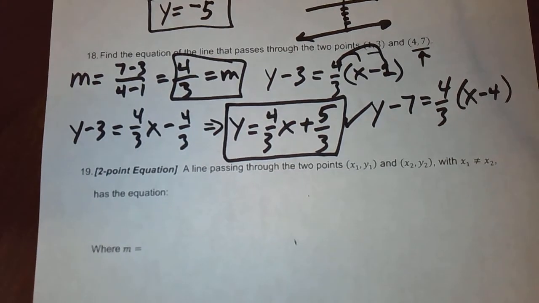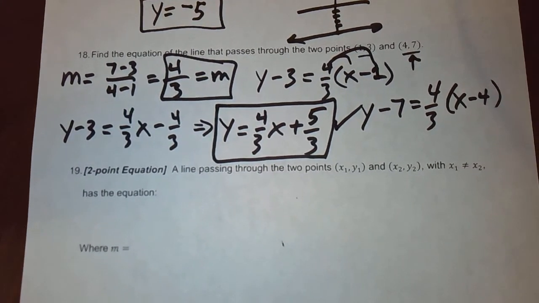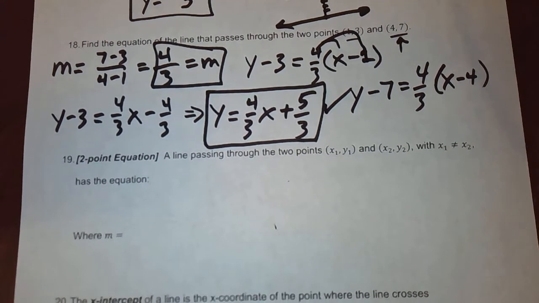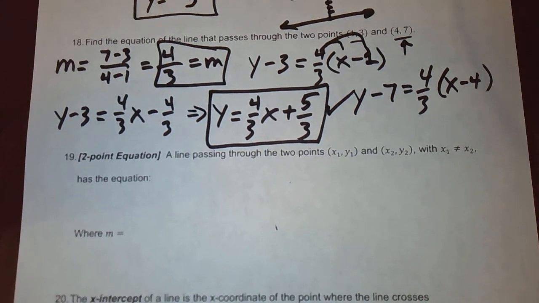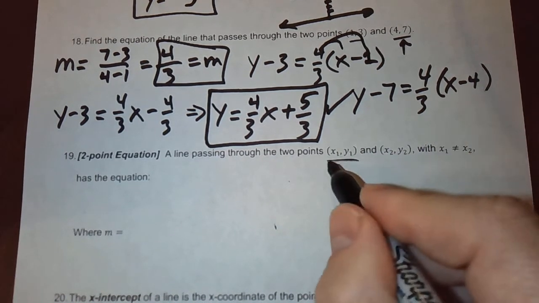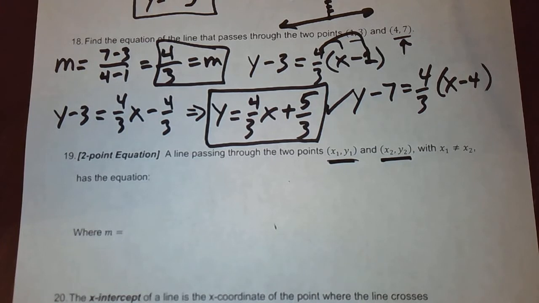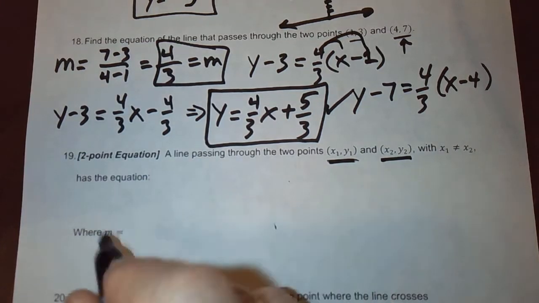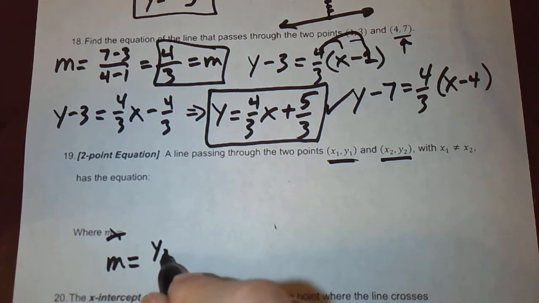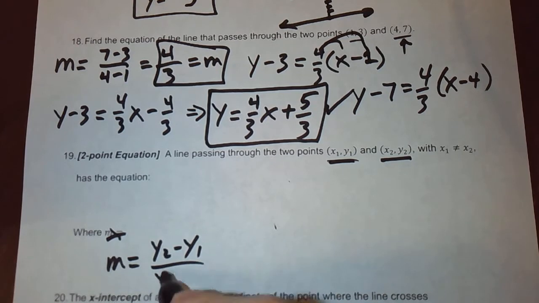Well, basically, what's the formula for what we just did? The two-point equation. Well, you don't really have one directly. If you want the equation of the line passing through this point and this point, we first figure out what m is, the slope. The slope is simply y2 minus y1, just like we did before, over x2 minus x1.